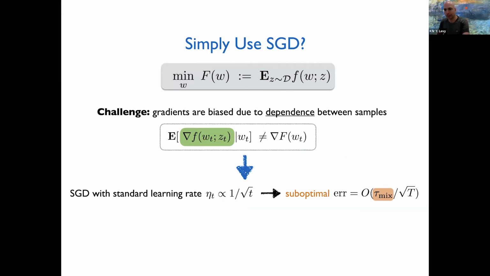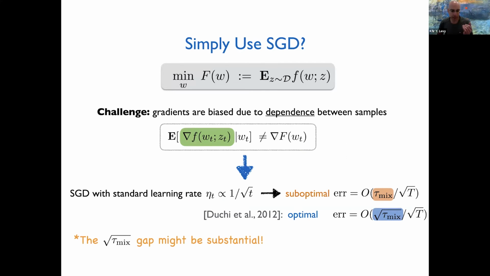We can show that the generalization error will behave like the mixing time divided by the square root of the number of samples, while the optimal error that you can achieve in this setting is proportional to the square root of the mixing time rather than the mixing time itself. So we have a square root of mixing time gap between what we can achieve with the standard method and the optimal method, and this gap might be substantial.